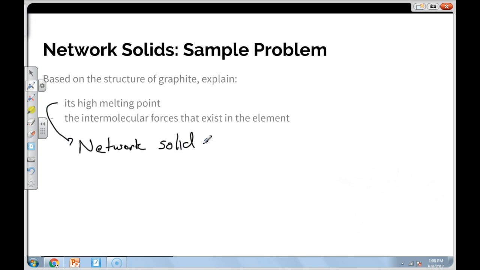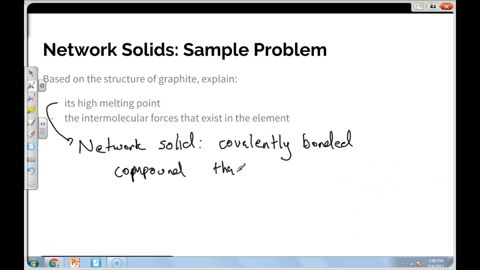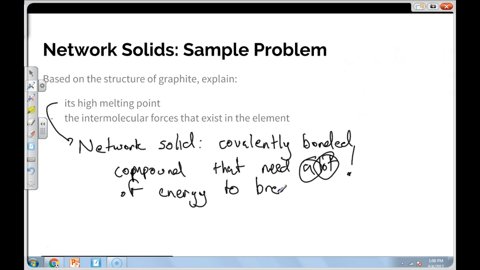Okay, so that's the answer to this, which means that it is a covalently bonded compound that needs a lot of energy to break the bonds between atoms.